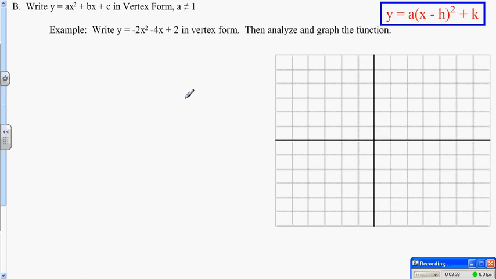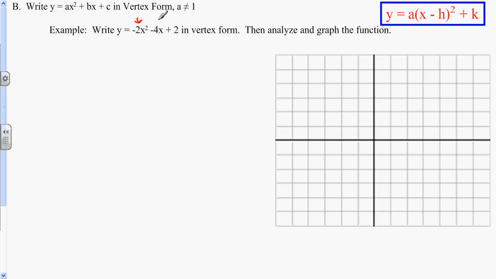Next one, notice that we have a -2 in front of x squared. Same process, but we have learned already that we cannot complete the square if we do not have a 1 in front of x squared. So yesterday we had to divide everything by whatever was in front.